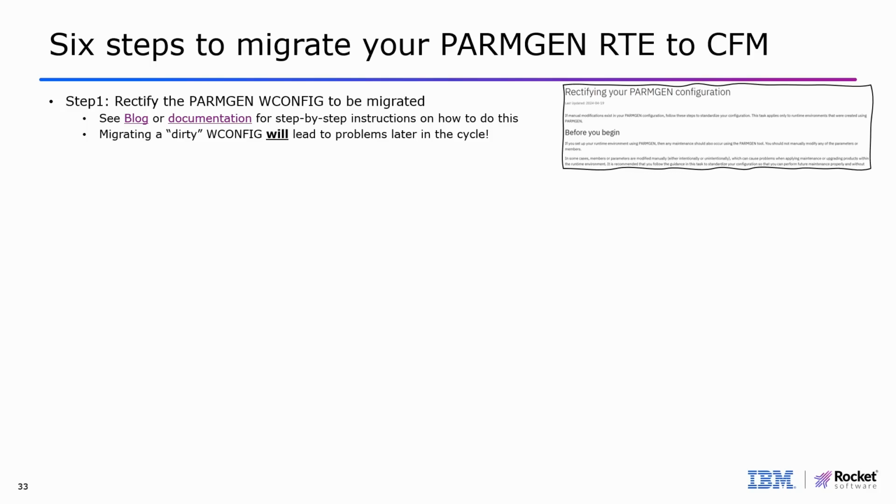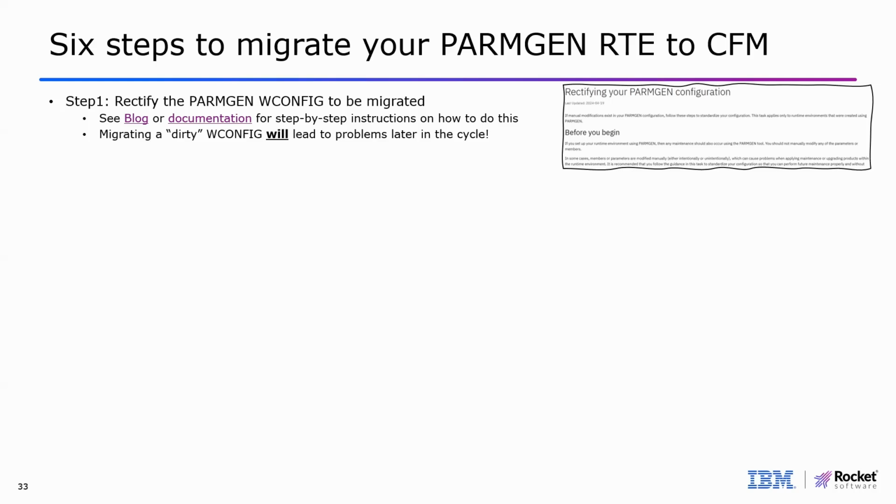And what that means is that you should have all your configuration changes persisted in wconfig or embed overrides, but never ever have manual changes in your generated members like rcmparu, kds, env, for example.